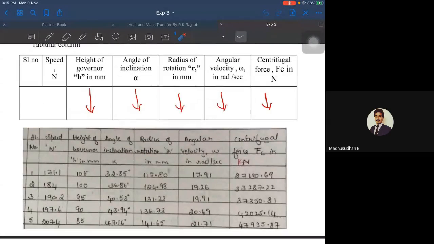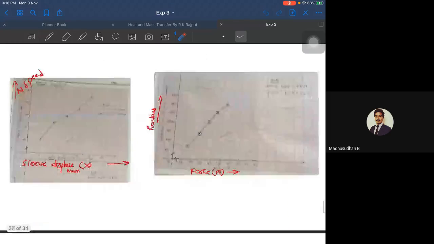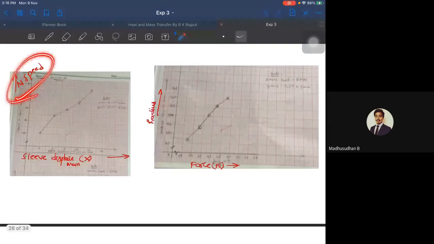Tabulate all the results in the form of a tabular column as shown here. H values, speed values, alpha values, R values, omega values, and FC values we have tabulated. Using this tabular column, you are supposed to draw graphs. The first graph is speed versus sleeve displacement.